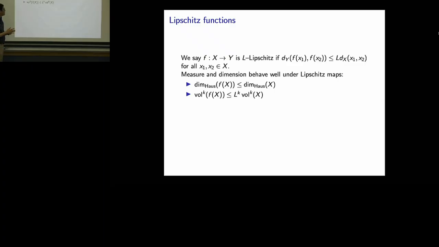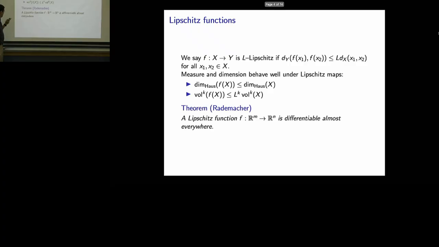It multiplies the volume of a set by some constant. And the other thing that I want to remind you about with Lipschitz maps is the theorem of Rademacher, which says that a Lipschitz function from Rm to Rn is differentiable almost everywhere.